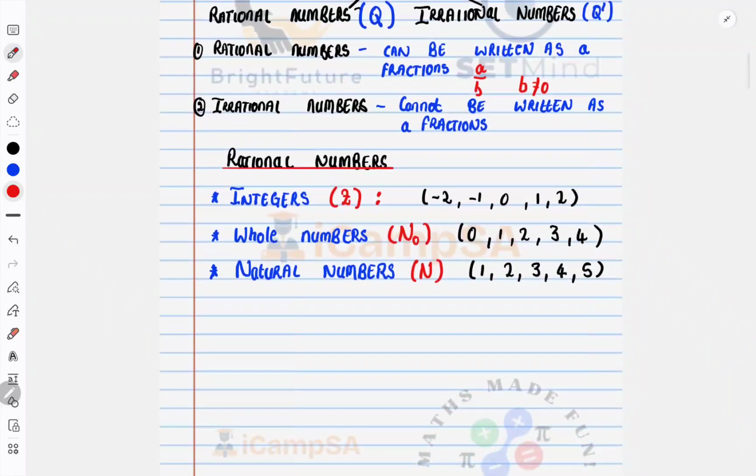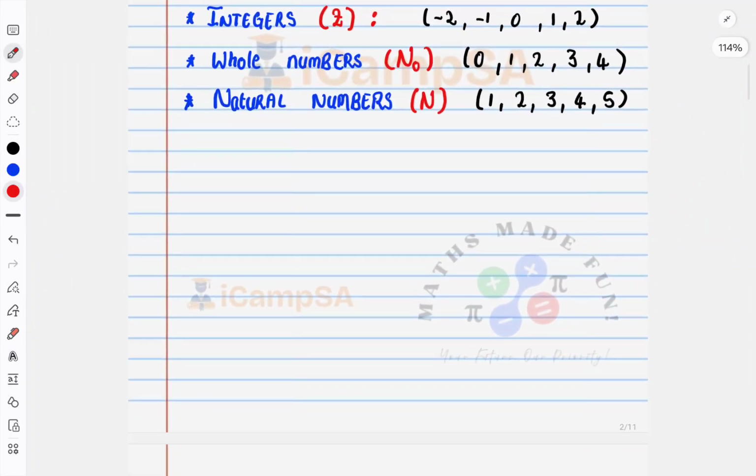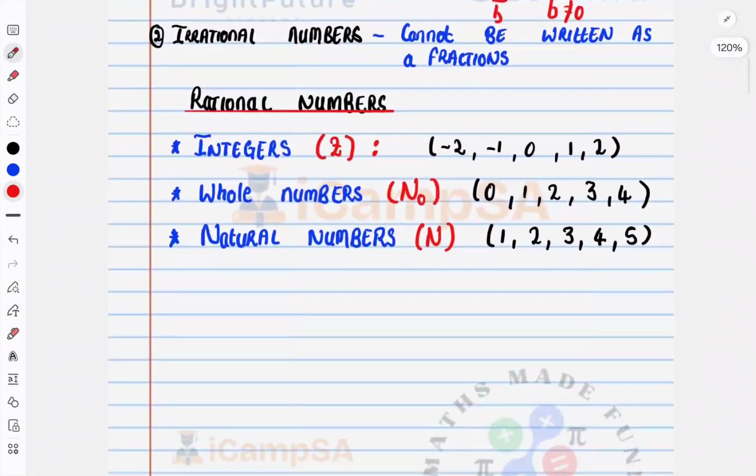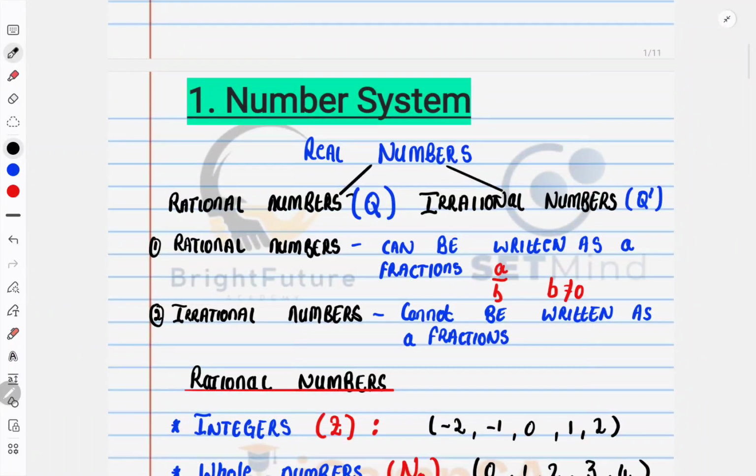Then going further, I've touched a little bit on sets. Maybe this is unit P, real numbers.